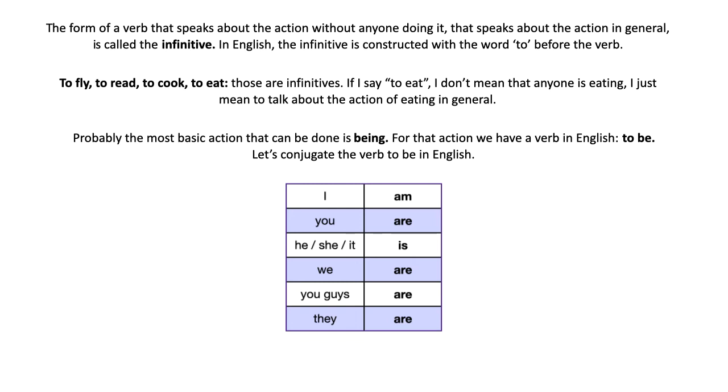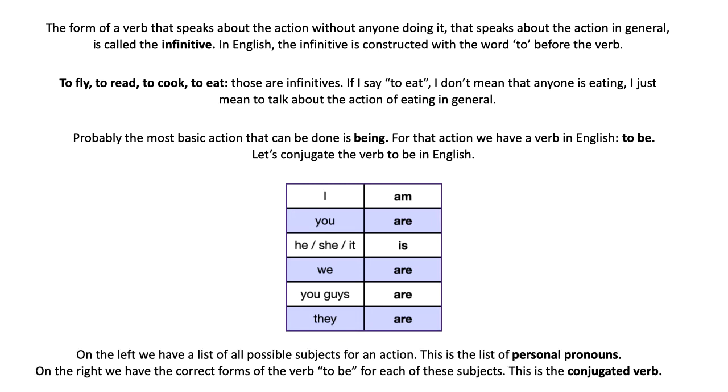What is happening in this table? Well, first, please notice that we have two columns, a left one and a right one. Let's talk about the column on the left for a minute. What is going on here? Basically, I have written down here a list of all the possible subjects for the verb, all the possible people or objects or animals that can do an action, and the action of being is quite broad, right?